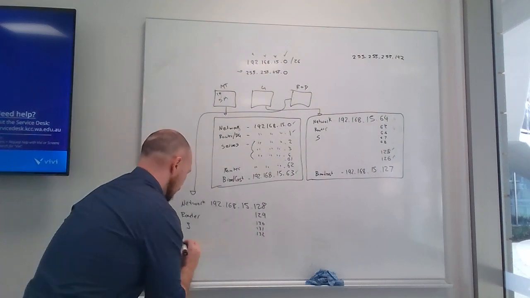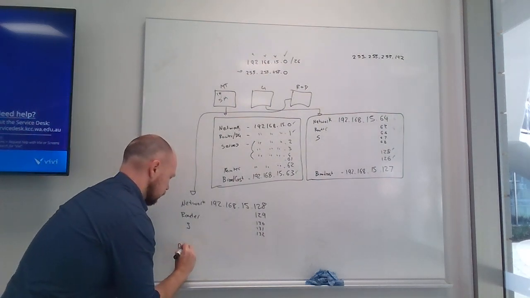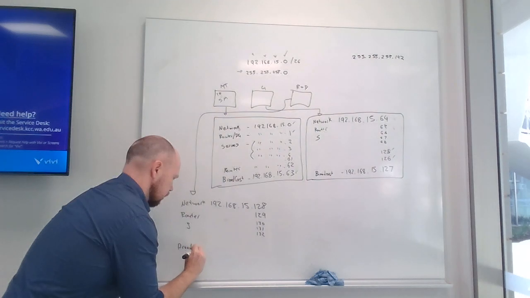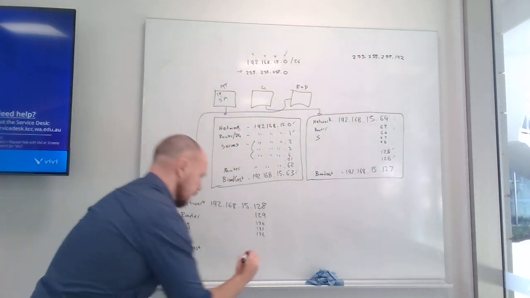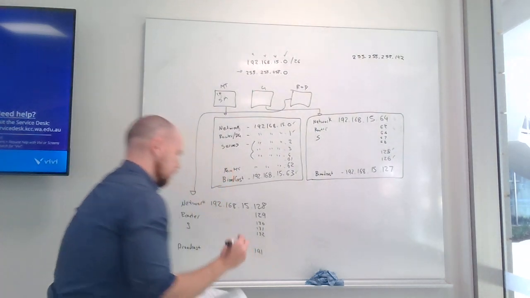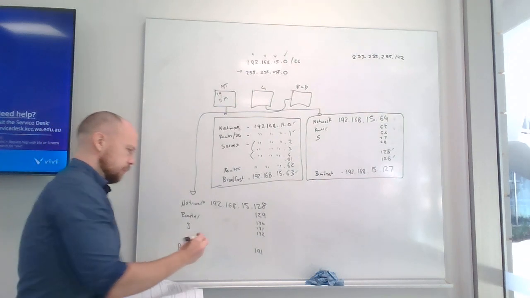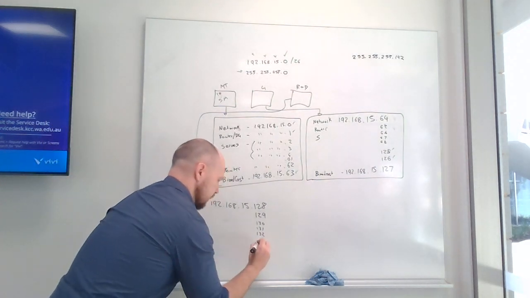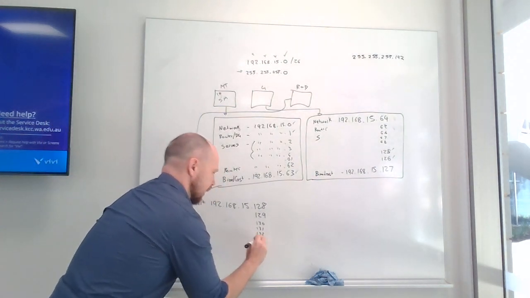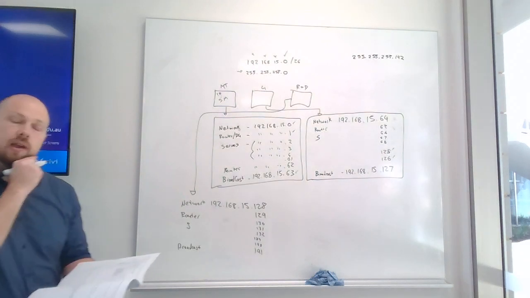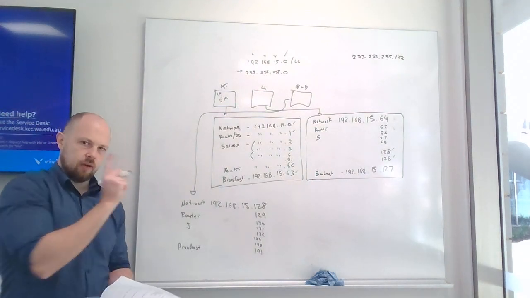Yes. So our broadcast, which is the end of our network, is 191, which means that our printer would be 190, and our VoIP would be 189. All the addresses in the middle are computers. Hopefully that math makes sense. Hopefully that adds up.